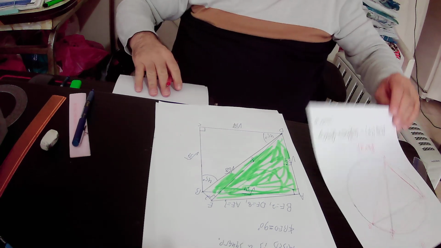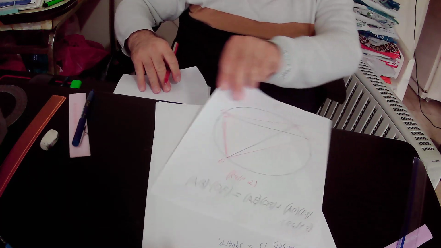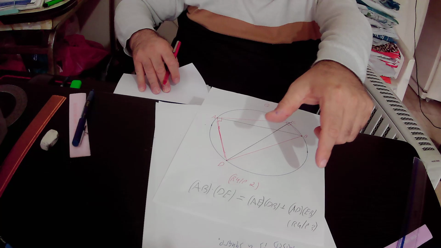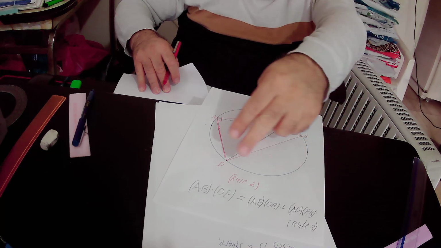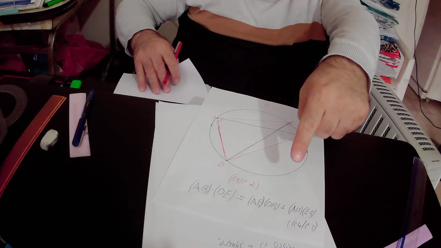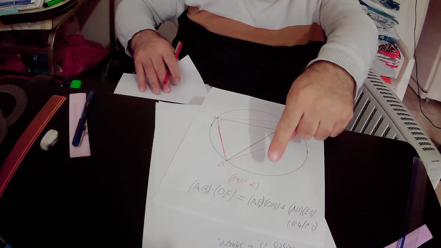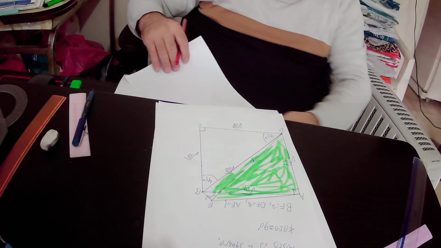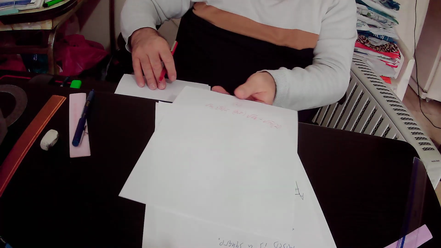So we put the data inside this equality. We know all the variables inside this equality, and the only variable that is missing is AE. That is the variable that we are looking for, and we actually got this equality.